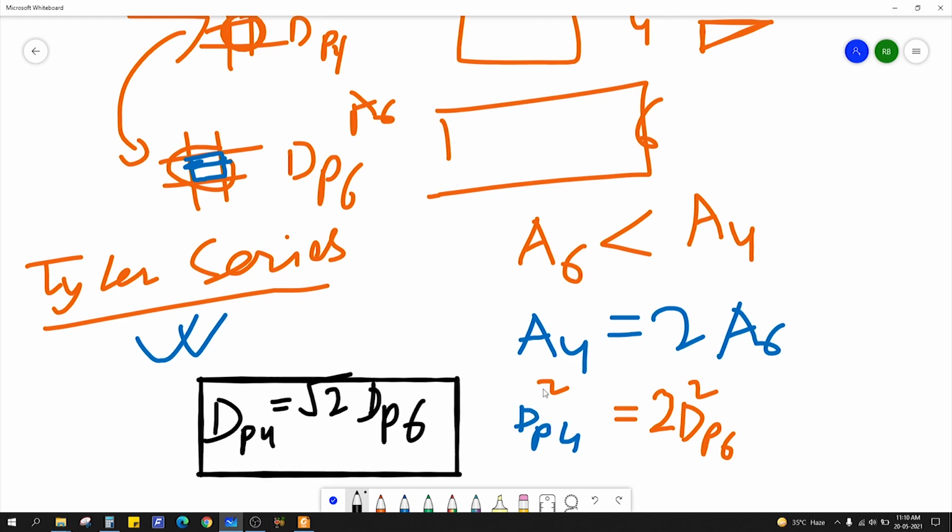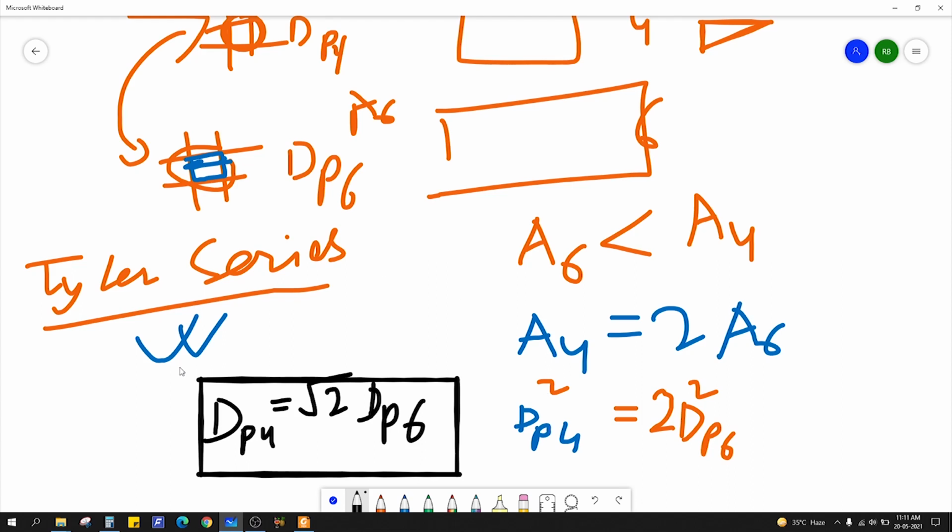Okay, so in the exam, one question might be like this: what is the relationship between the diameter of the mesh size with the preceding mesh size, or the next mesh size in the standard Tyler series? So you should answer square root 2.